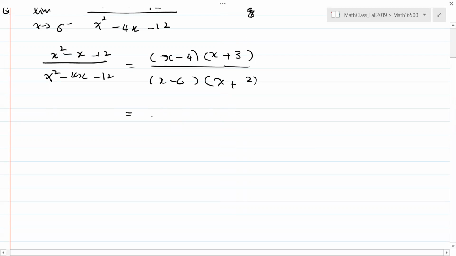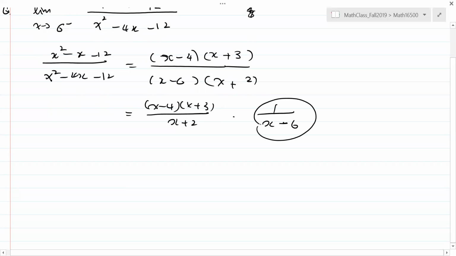So what you should write is that term and multiply by this term. To find the limit, as x approaches 6 from the left, this part approaches negative infinity. As x approaches 6 from left-hand side, x is less than 6, so x minus 6 is less than 0, approaches 0.